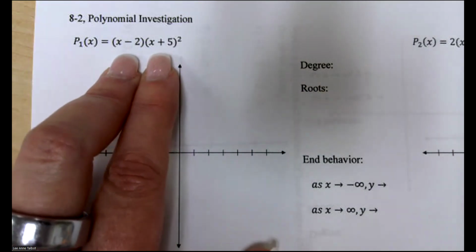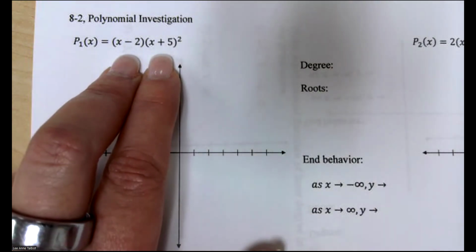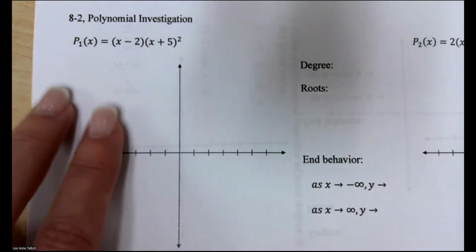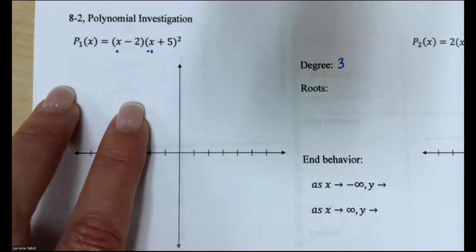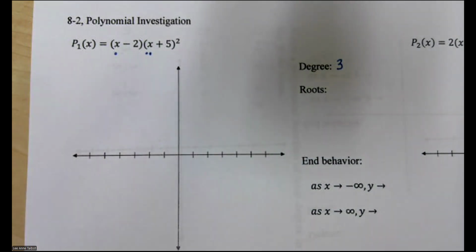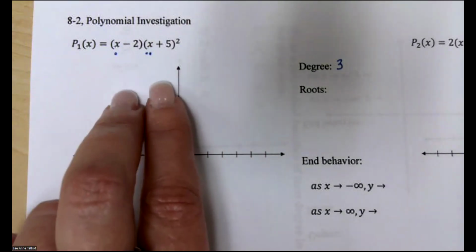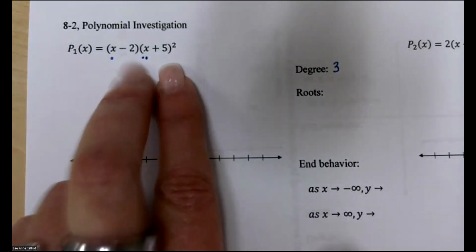Number 1, is this in factored form or standard form? Factored form. How many x's are there in the factors? 3. 1, 2, 3. That means it's degree 3. I don't need to multiply it out to determine that. That would be way too much work. Okay, what are the roots? The roots are the switched signs of each of the factors.